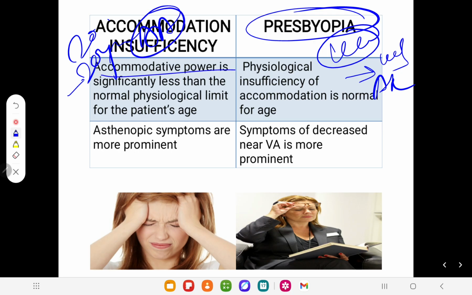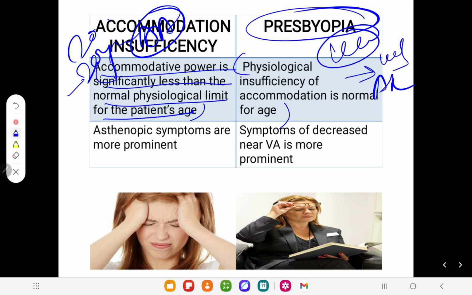That's why accommodative power significantly less than the normal physiological limit for the patient's age is accommodative insufficiency. But in presbyopia, the accommodation is appropriate for age, but it's definitely less than necessary, meaning less than necessary for reading distance. Presbyopia is physiological, not at all pathological.